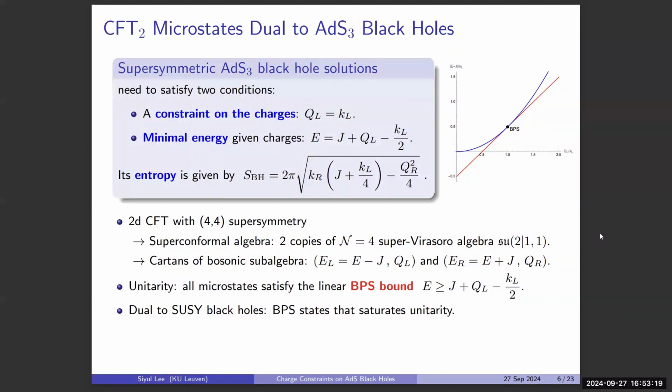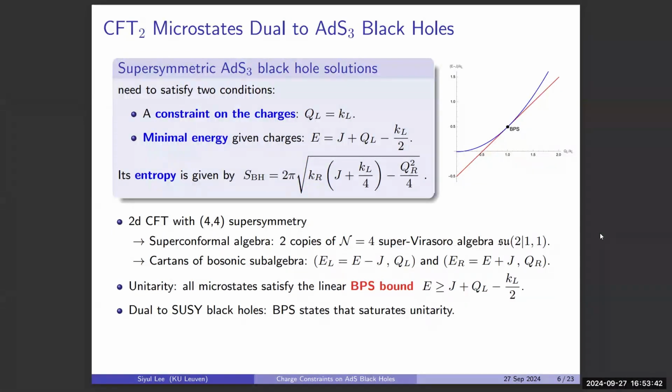So what that means is that if some ensemble of quantum states in the field theory is dual to this point, the supersymmetric AdS black hole, it must consist only of quantum states living on the red line, because there's nothing below the red line. If anything above the red line is mixed into the ensemble, the ensemble as a whole can never come back to the red line.